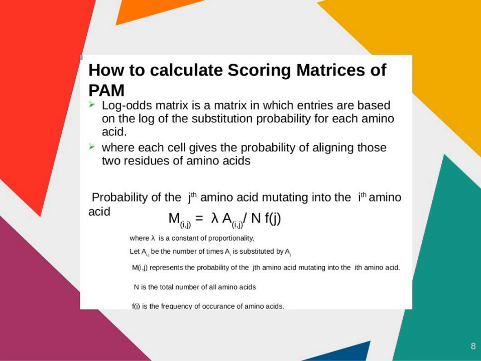A_ij is the number of times a_i is substituted by a_j. N is the total number of all amino acids in the sequence. f_j is the frequency of occurrence of amino acid j, and the result gives the value M_ij, which represents the probability of the jth amino acid mutating into the ith amino acid.